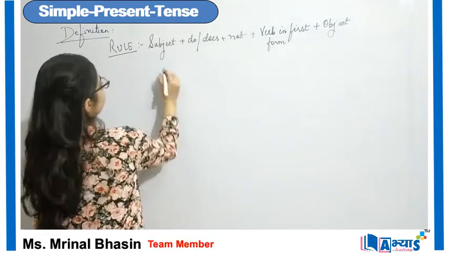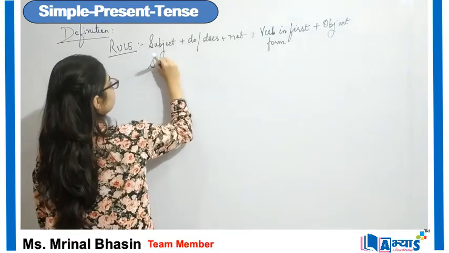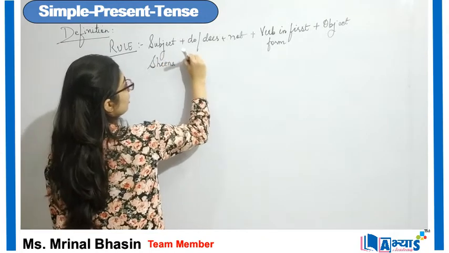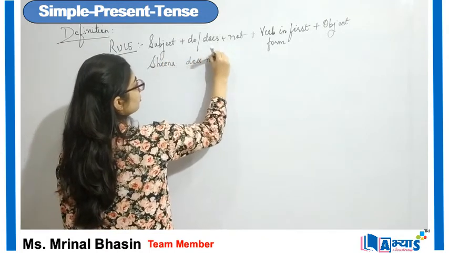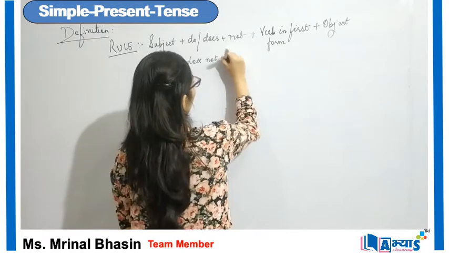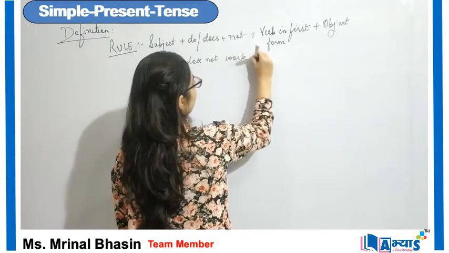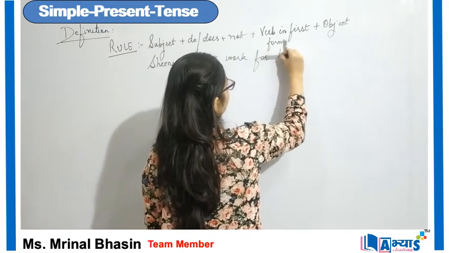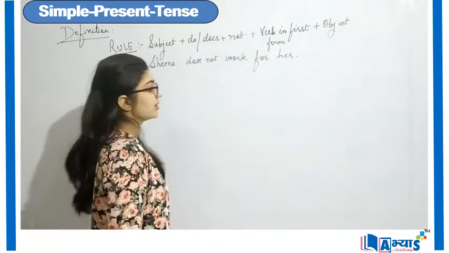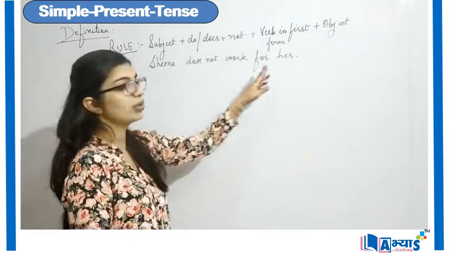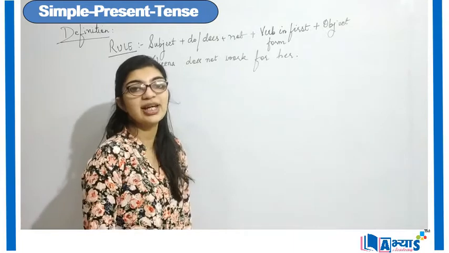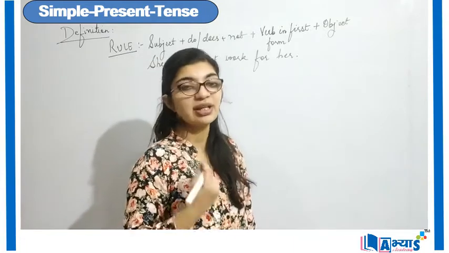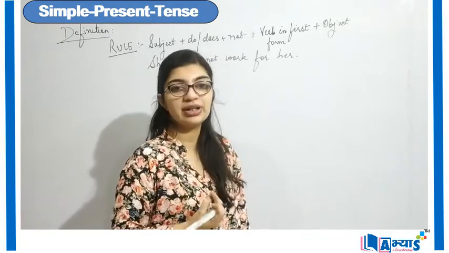Example can be: Sheena does not work for her. This indicates a negative sentence, that you are not doing a particular action.